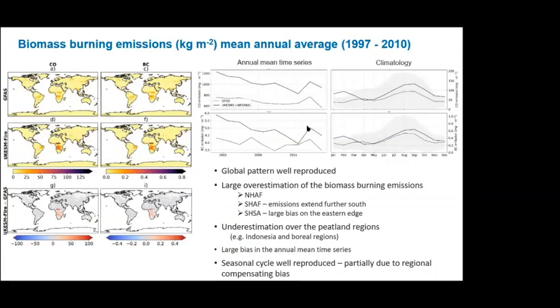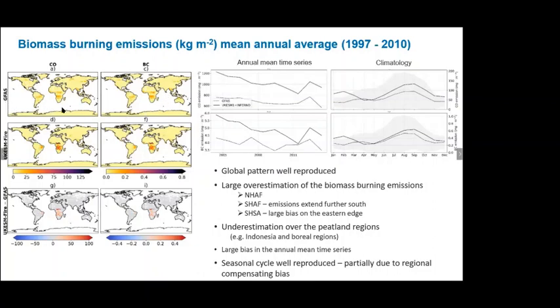One of the things that we are interested in is emissions for the composition model. So I'm focusing here on the biomass burning emissions of carbon monoxide and black carbon. The other ones will be very similar. The bias will be very similar because all of them depend on the available carbon to be emitted or to be burned. And on top, we have the observation data set.